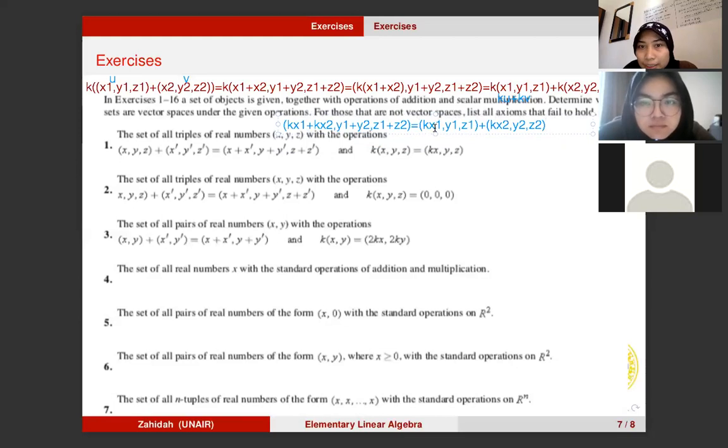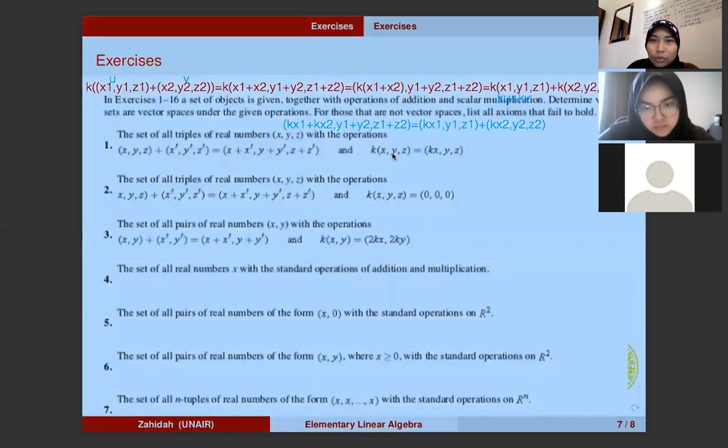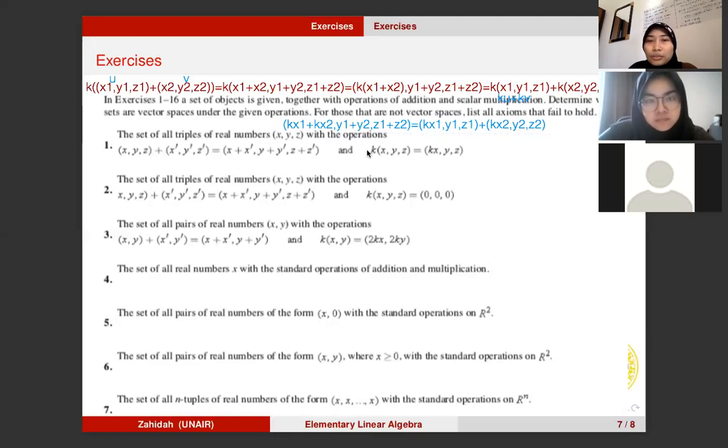Okay, this is k times (x1, y1, z1), right? Plus this one, k times (x2, y2, z2). So be careful with the definition of our expression.